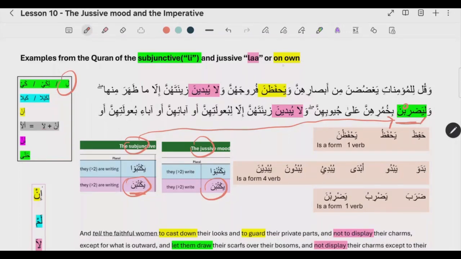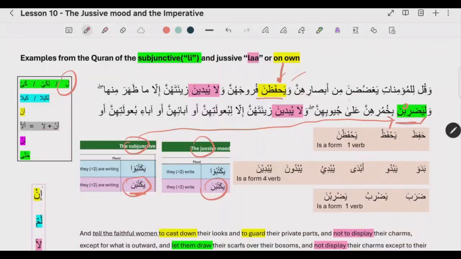Then on its own, here's one example of a jussive on its own: and tell the faithful ones to cast down, right? It's almost like a command form, yahfadna. There's no particle, but it's like telling them to do something.